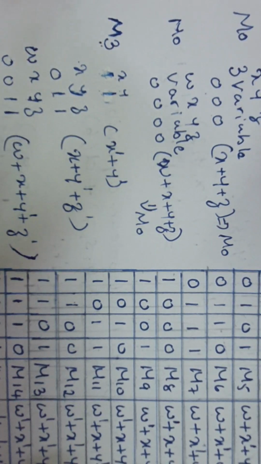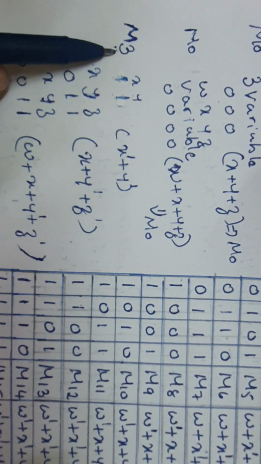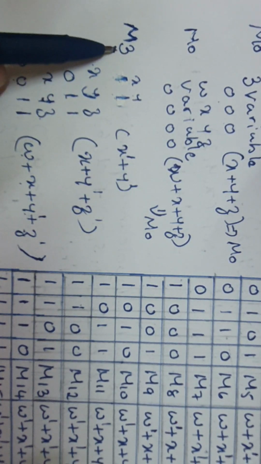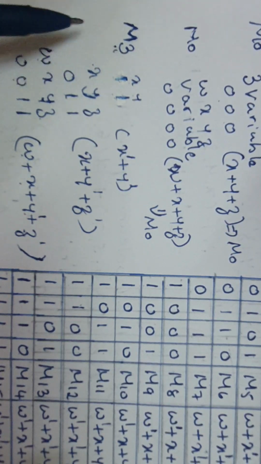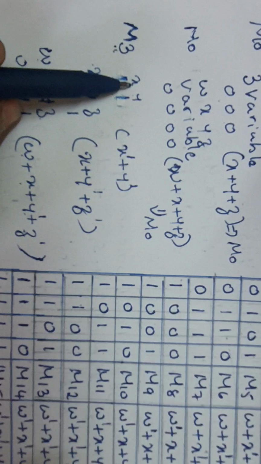So for a 4 variable system, this 3 is written as 0, 0, 1, 1, giving w plus x plus y dash plus z dash. That is how whatever subscript is given, it must be expressed in terms of those many bits.